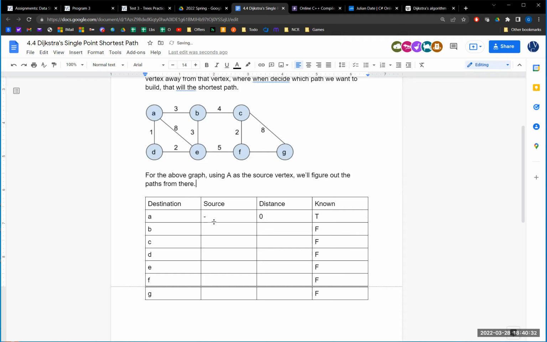So what we're going to do is, from the current vertex we're processing, look at its neighbors and see what path or potential path information we can use to populate the table.